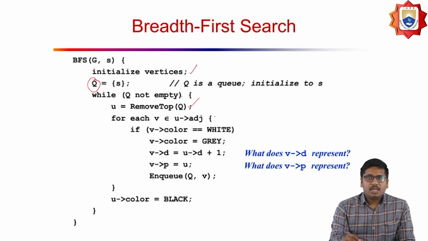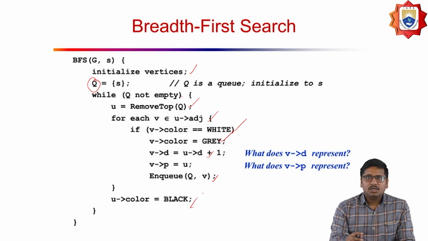Then for each vertex adjacent to that, if the vertex color is white, we mark it gray, mark its distance, and enqueue it into the queue. Otherwise, we mark it as black.